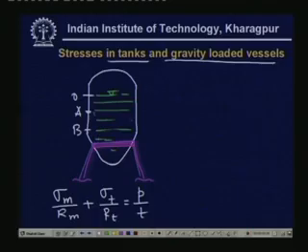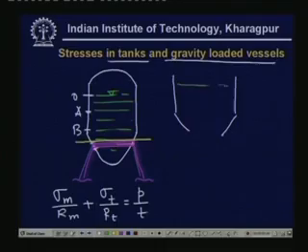Now, what are the stresses? One can expect that the stress varies continuously, but one expects a sharp change in the meridional stress near the support. How to get that? If we cut a section just above this support and draw the free body diagram, this is the part, this is the water.